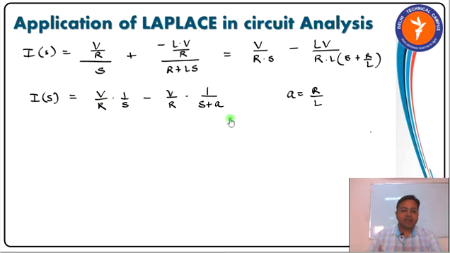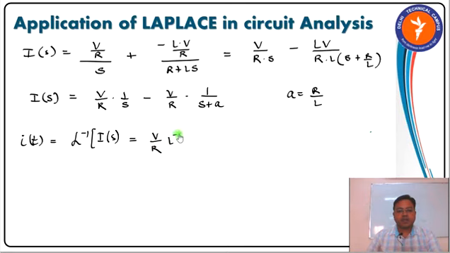See here, now this is constant, this is constant, this is constant, this is constant. So while taking the Laplace inverse, Laplace inverse of this is I of t. This will be the Laplace inverse of I of s, and Laplace inverse of this would be V by R Laplace inverse of 1 by s minus V by R Laplace inverse of 1 by s plus A. You may get confused with this L, let me change it and write it like this.